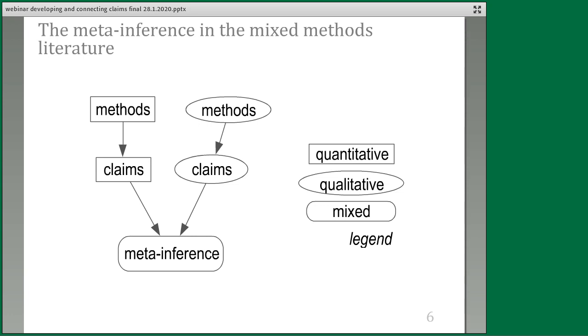Okay, so we can proceed. We can visualize this as follows. We can have quantitative methods, which lead to claims, and these are represented by these rectangles, and then we can have qualitative methods leading to claims represented by the ellipses, and together they lead to a meta-inference, and we can say, well, the meta-inference is kind of mixed.